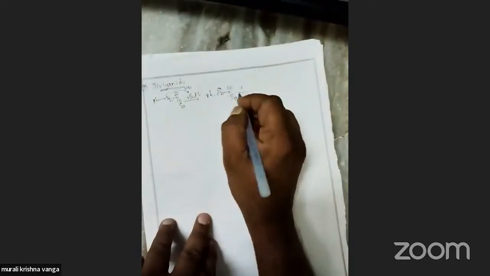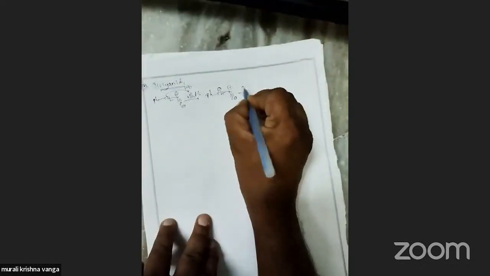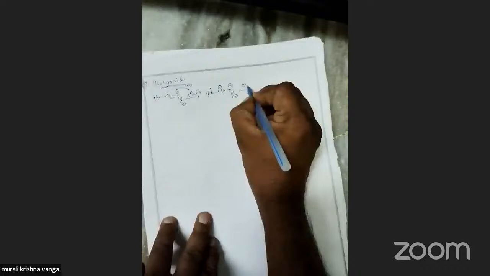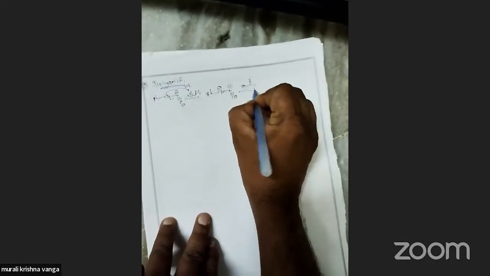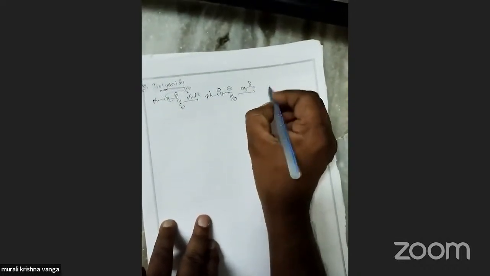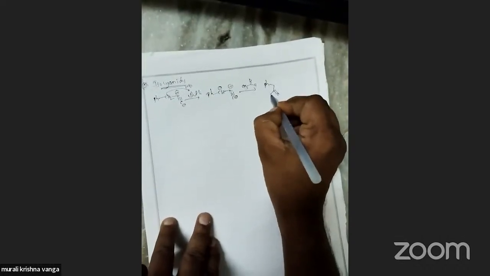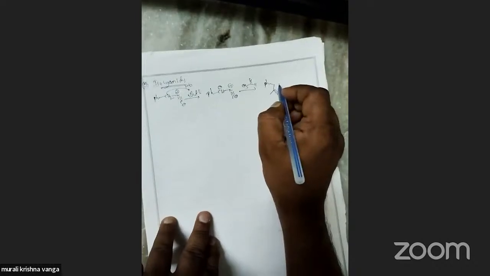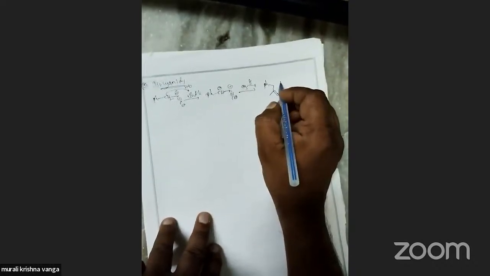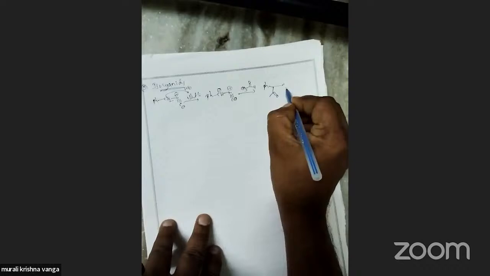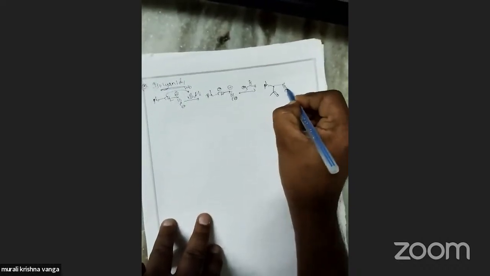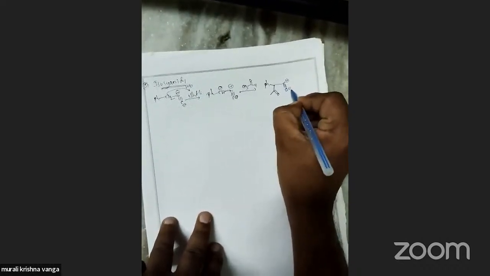Now it reacts with acyl chloride, then phenyl, C double bond O, CH3, N plus, O minus.